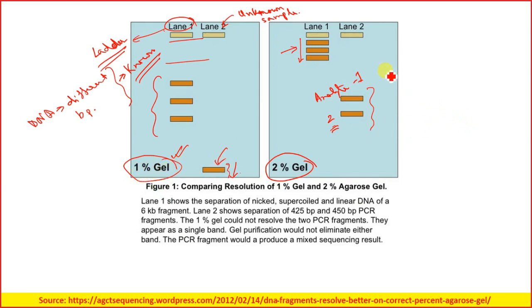So this is how, by playing with the gel concentration, we will be able to segregate lower molecular weight analytes from other analytes if they have pretty close molecular weights.